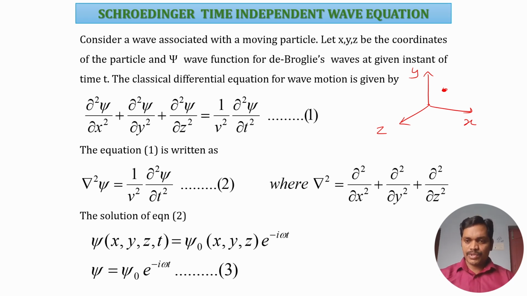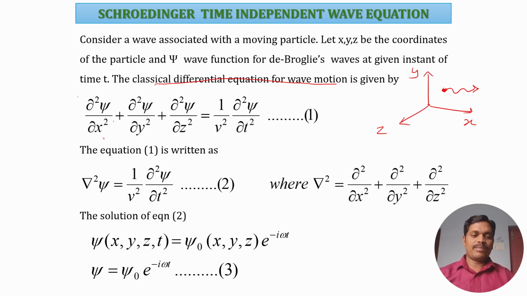Assume that it undergoes motion. As we all know, when the particle or the matter wave is at rest, it behaves as a particle; when it undergoes motion, it has wave nature. So the classical differential equation for any wave motion is dou square psi by dou x square plus dou square psi by dou y square plus dou square psi by dou z square equal to 1 by v square into dou square psi by dou t square.